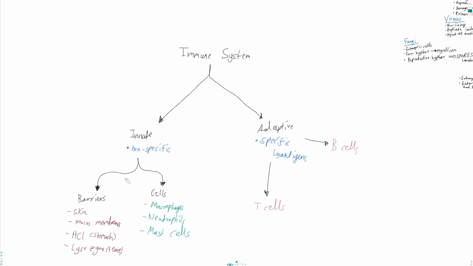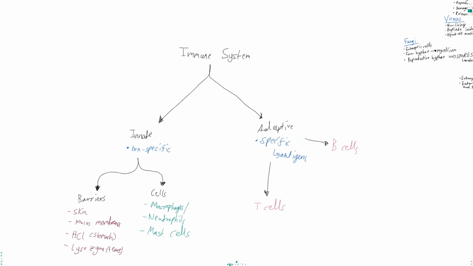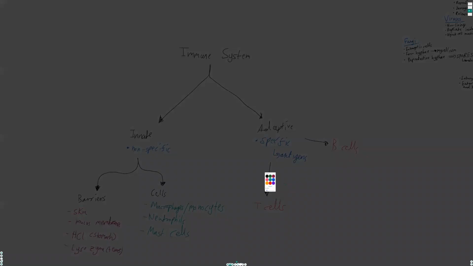The cells involved in the innate immune system include macrophages, also known as monocytes, neutrophils, and mast cells.